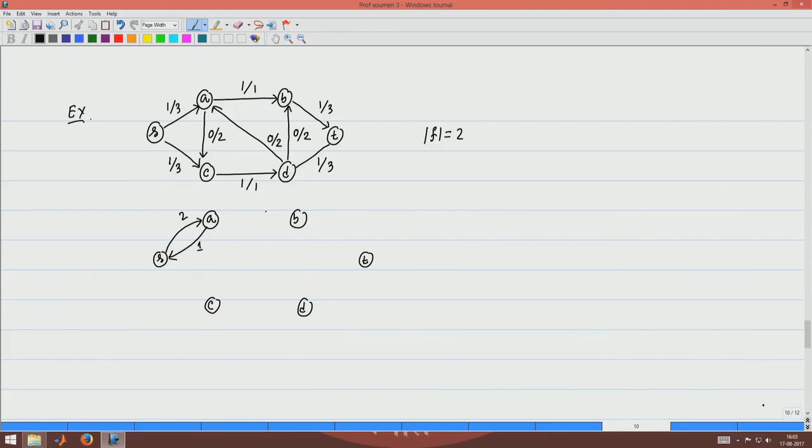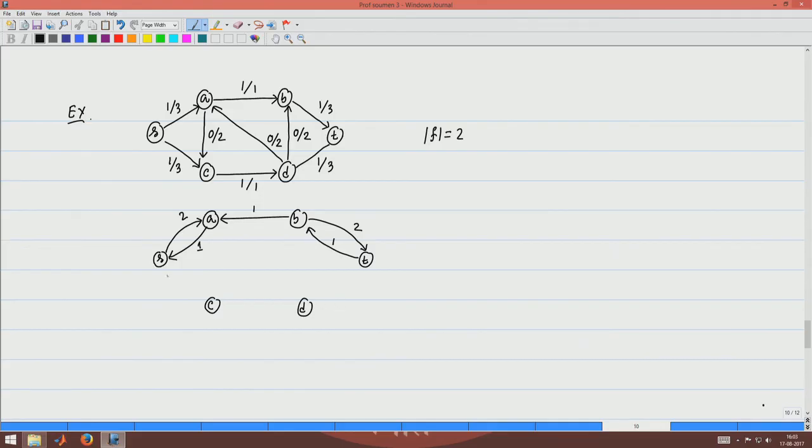A to B, there is no forward edge, there is a backward edge of capacity 1. B to T, there is a forward edge of capacity 2 and a backward edge of capacity 1.